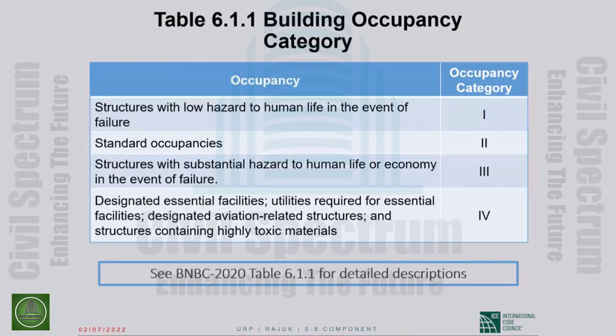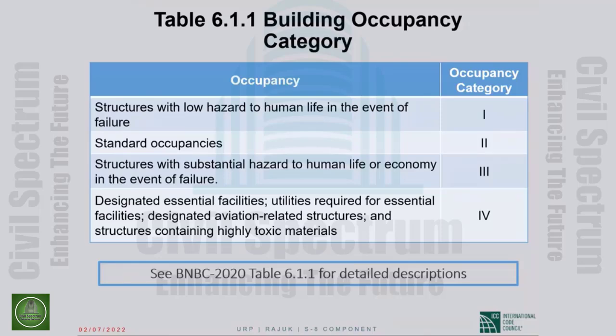Very, very different. Okay. So the occupancy part is defined in Table 6.1.1 of BNBC 2020. This closely follows a corresponding table in ASCE 7. So we have occupancy categories 1, 2, 3, and 4. 4 are essential facilities or hazardous facilities. 1 is miscellaneous occupancy, as we call it, no life safety, unimportant buildings where no life safety is at stake.